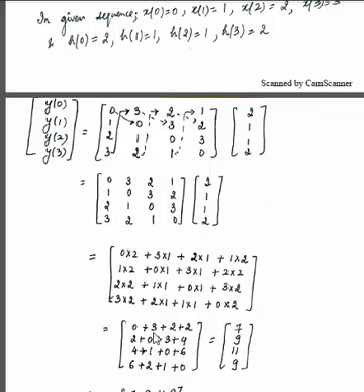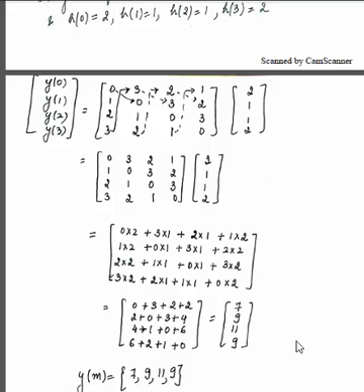So it becomes 0 plus 3 plus 2 plus 2, then in the second row 2, 0, 3, 4, that is 4 plus 1 plus 0 plus 6, then 6 plus 2 plus 1 plus 0. It becomes 7, then 9, then 11, then 9.